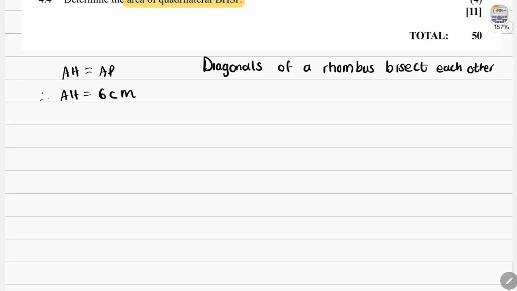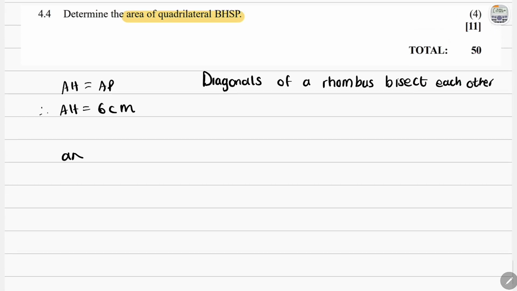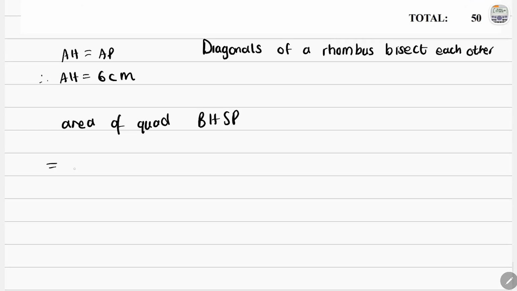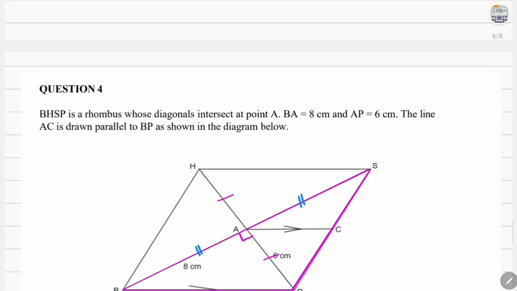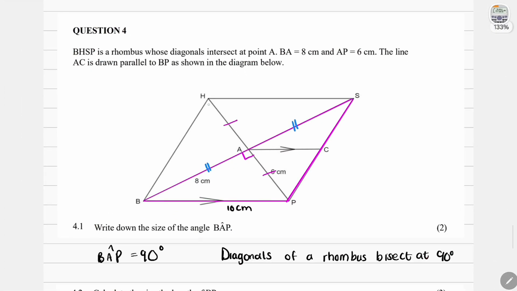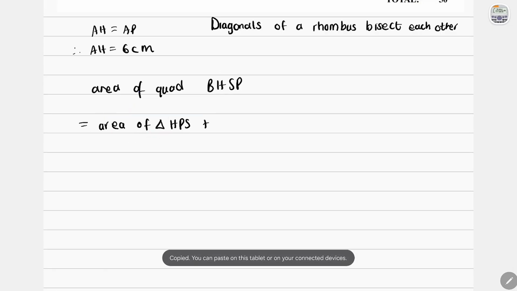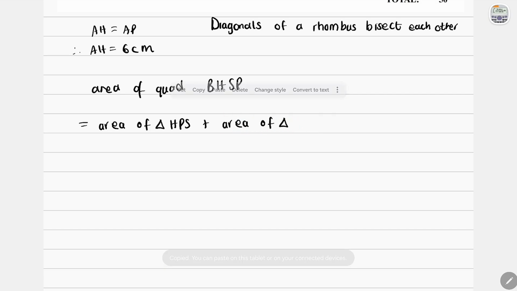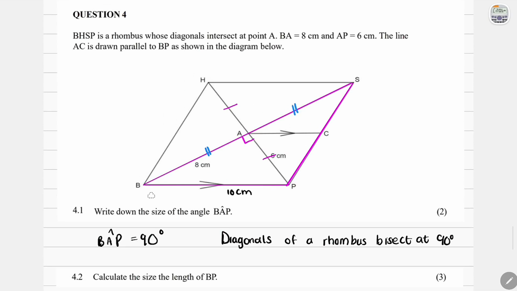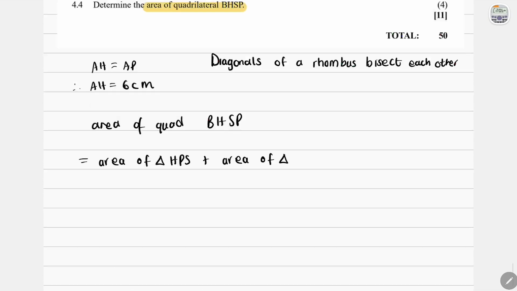And then finally, let's work with that area. So to find the area of this quad, BHSP, we will simply say the area of this triangle, these two triangles. So the first triangle is this triangle HBS, plus the area of the second triangle that we have there on the bottom, and that is triangle BPS.